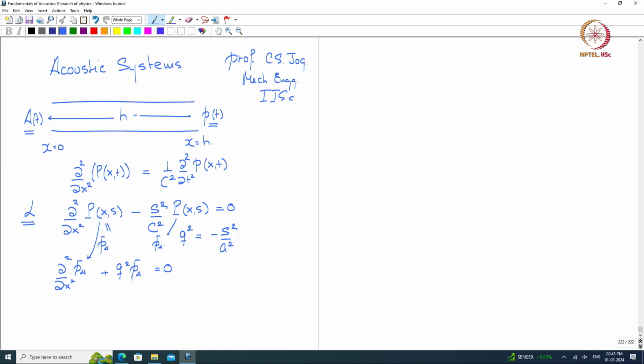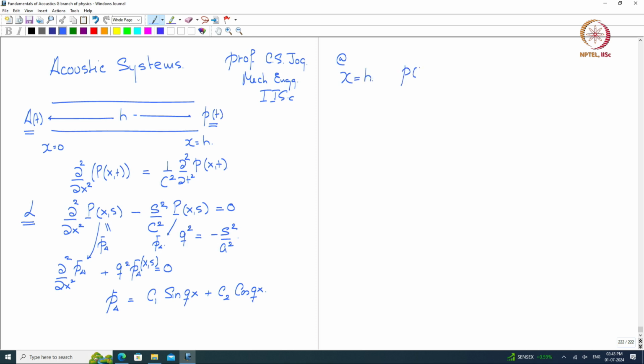Okay, so now p bar delta is a function of x comma s. So my p bar delta is equal to c1 sin qx plus c2 cos qx. And at x equal to h I have what?